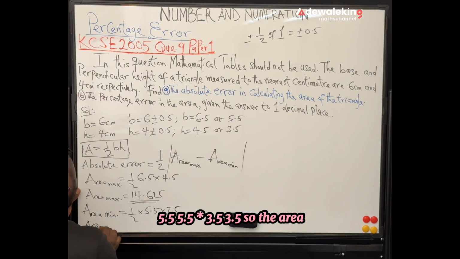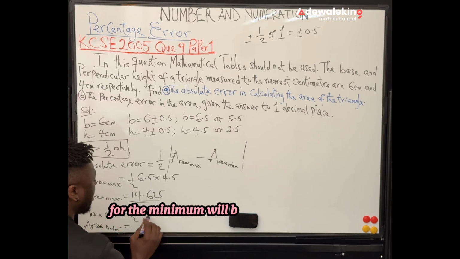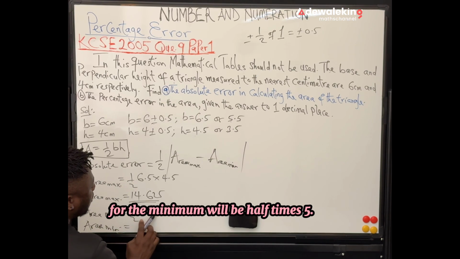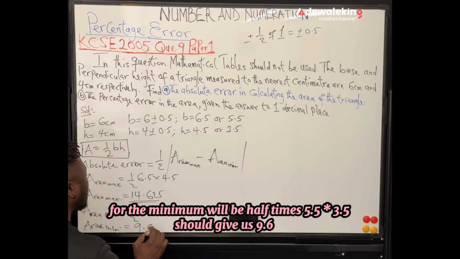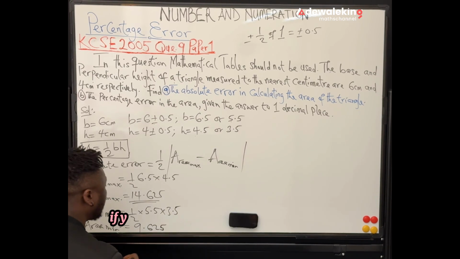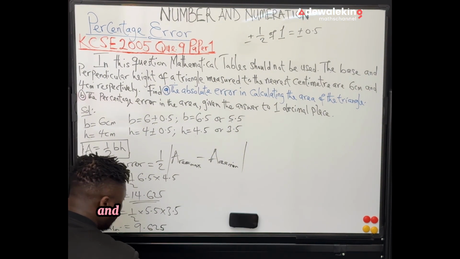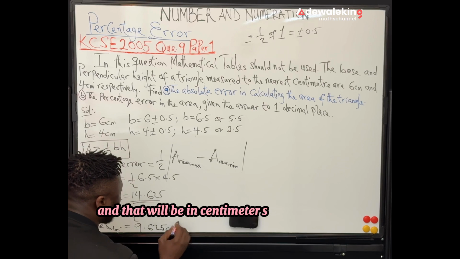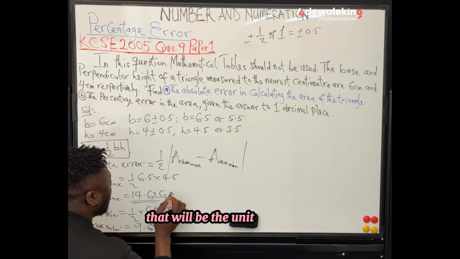So the area for the minimum will be half times 5.5 times 3.5, which should give us 9.625 if you calculate that in your calculator, and that will be in centimeters squared. That will be the unit of the area.